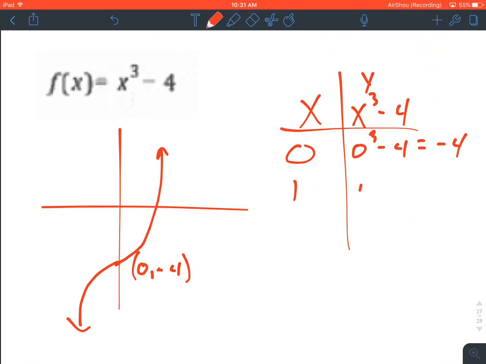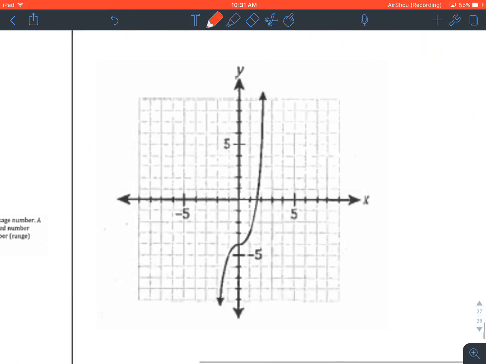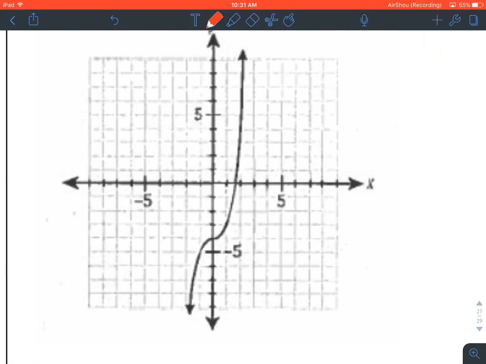Put a 1 in, 1 cubed minus 4 is 1 minus 4, which is negative 3. Put a 2 in, 2 cubed is 8, 8 minus 4 is 4. A function shows the relationship between two different things. And here's that graph to scale. y equals x cubed minus 4. Vertex being right around there.